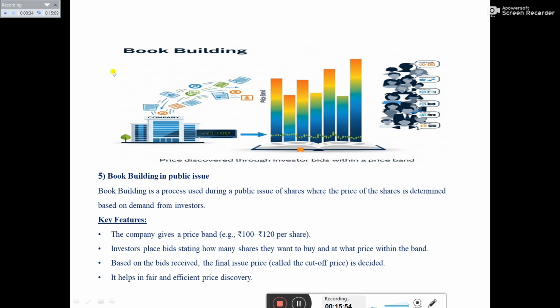The investor has to place a bid within that price band. Based on the bids received, the final issue price is decided. It helps in fair and effective price discovery. So this is the process of book building.